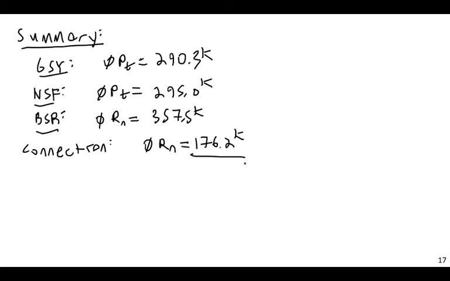So now we just need to apply the relationship from previously. Notice we had that ratio between dead load and live load, where live load was equal to 2.5 times the dead load. So I can just apply this now. This one is our overall design capacity. But then I want to calculate the service load.